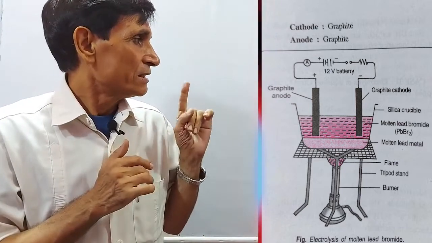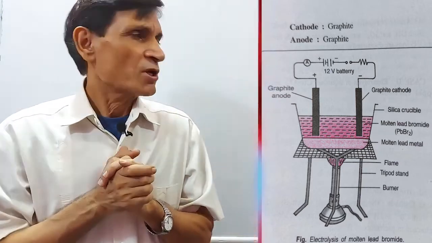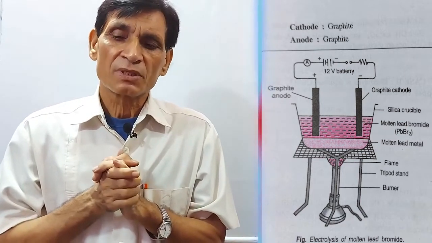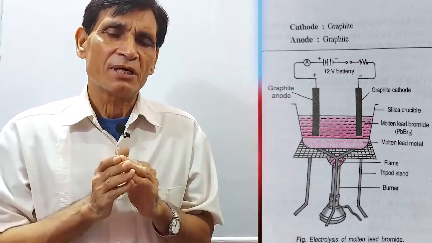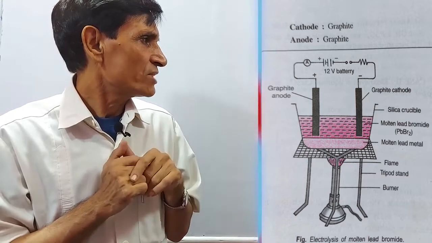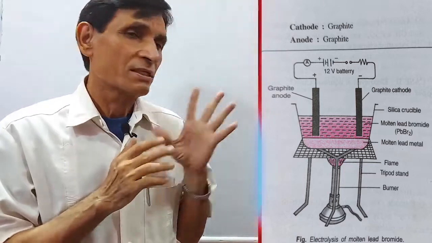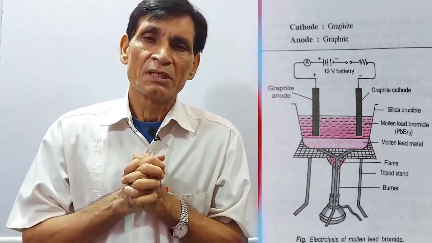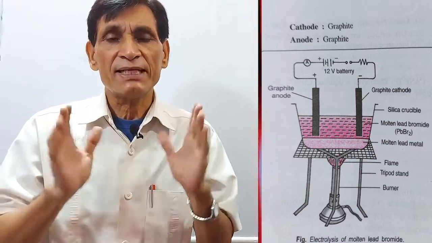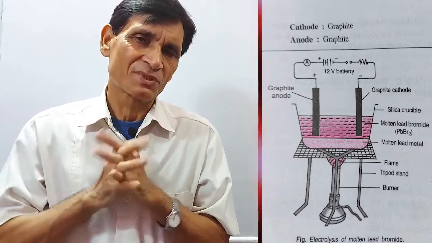Now, next point, observation. Reddish brown vapor of bromine is observed at the anode, and silvery gray or grayish white lead metal in liquid state is observed around the cathode near the bottom. Reason: the melting point of lead is 327 degrees centigrade.